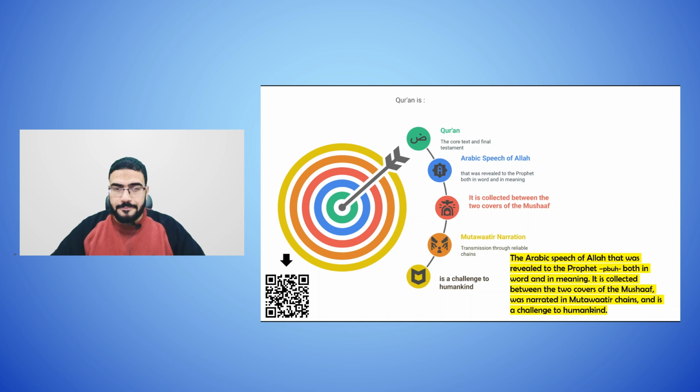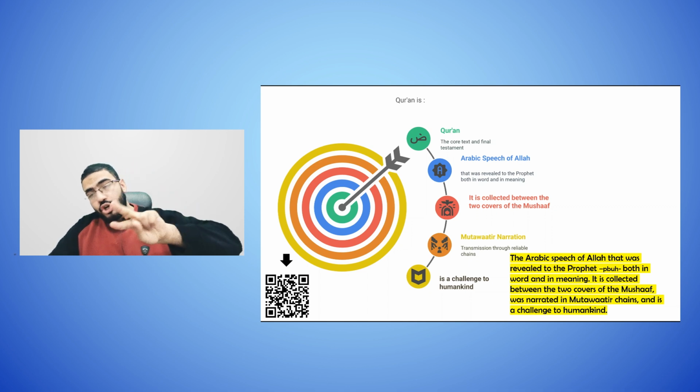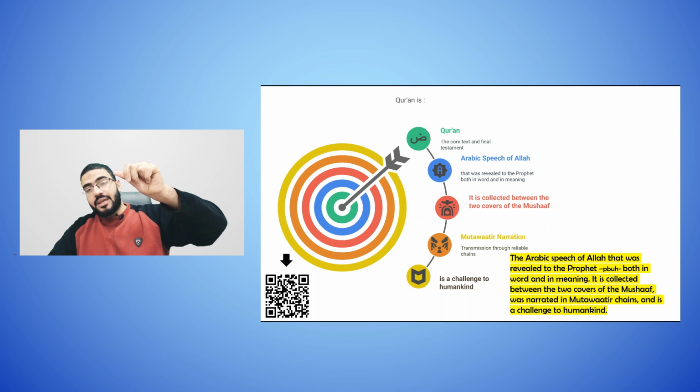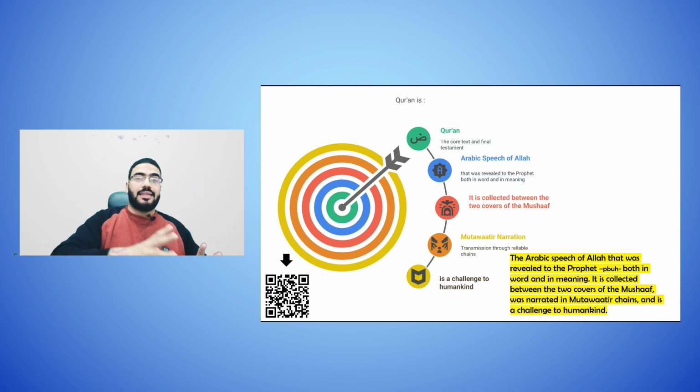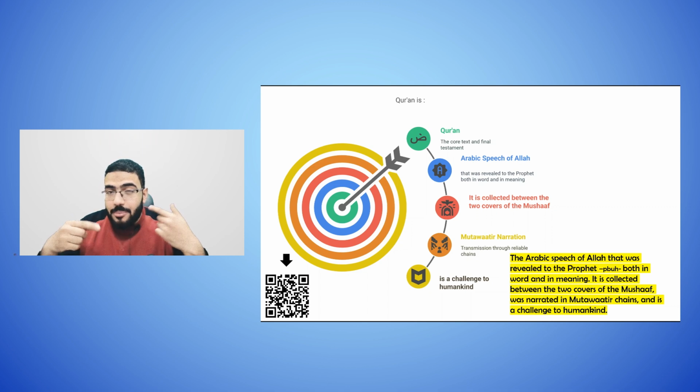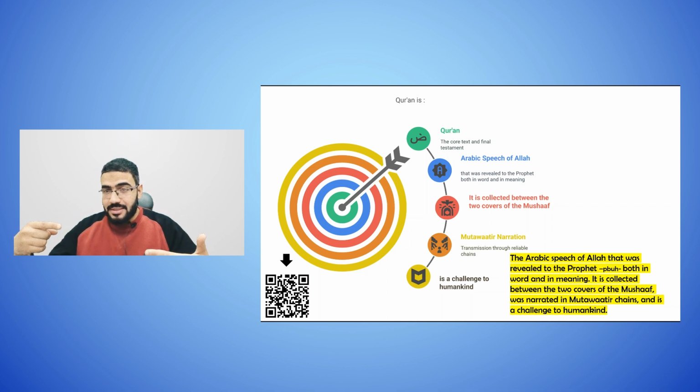So it's Arabic speech that was revealed to Prophet Muhammad sallallahu alaihi wasallam both in word and in meaning. Because we have Quran, and we have what? Hadith. Al-hadith is what the Prophet sallallahu alaihi wasallam said, we also say sunnah.